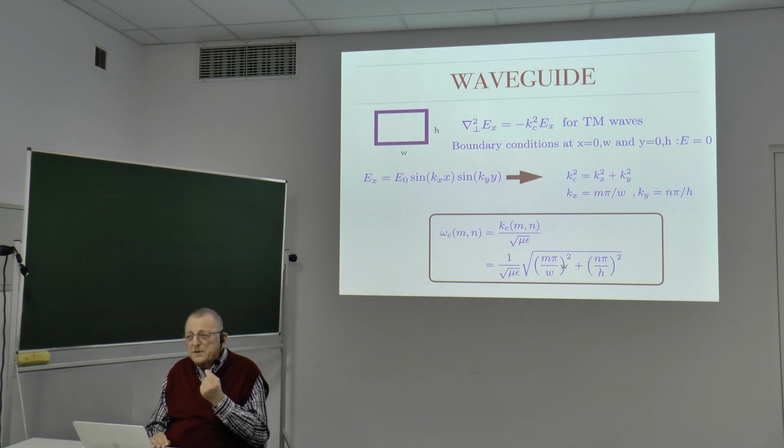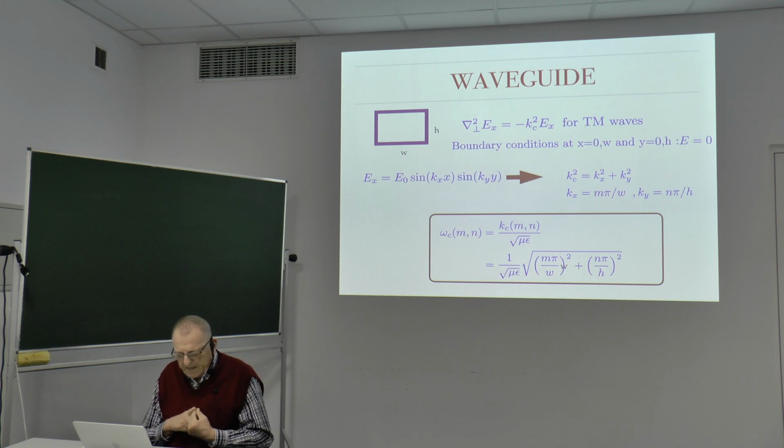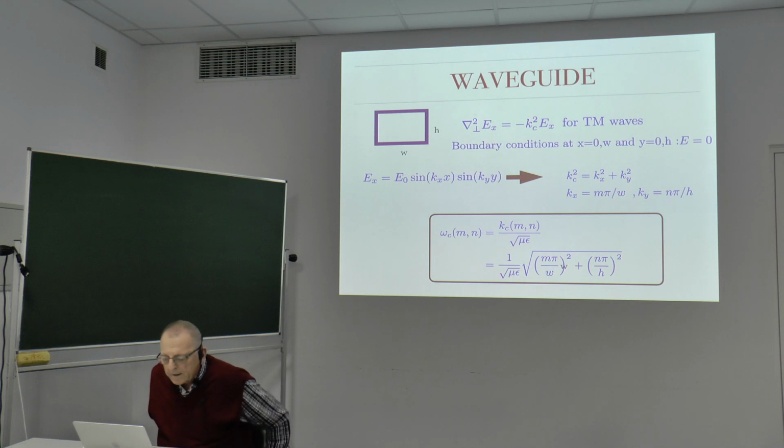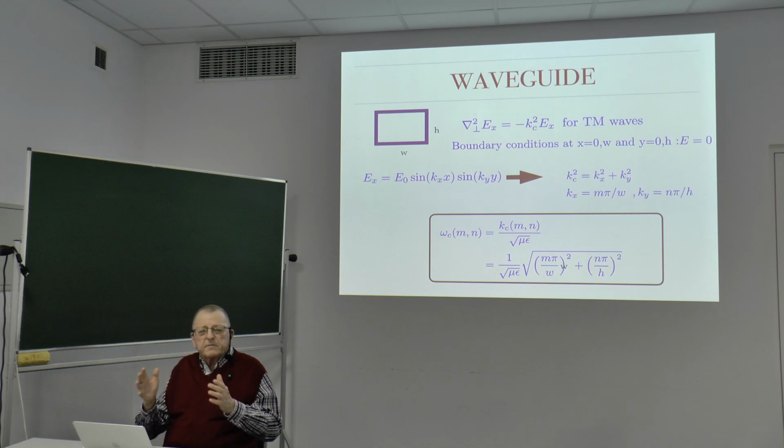These two natural numbers tell me what the modes are. So I also have a frequency which is numerated by these two numbers, m and n, and they are related to each other by a square root of mu and epsilon. So I have a characteristic frequency.